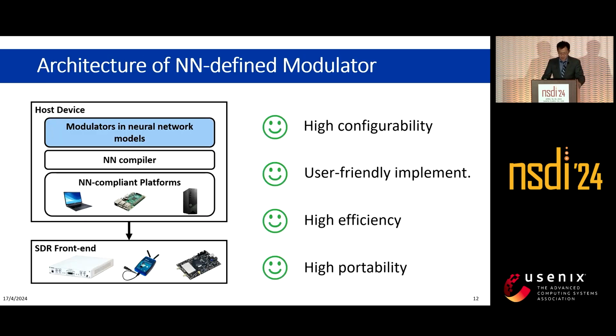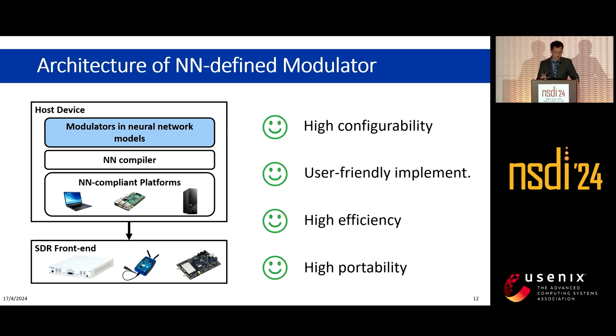Based on this idea, we proposed our solution named the NN-defined modulator. In the architecture diagram on the left, you can see our system is separated into two parts. First, we have an SDR front end, and second, we have a host device responsible for computing. The NN model is mostly on the host device, which is usually equipped with AI processors.